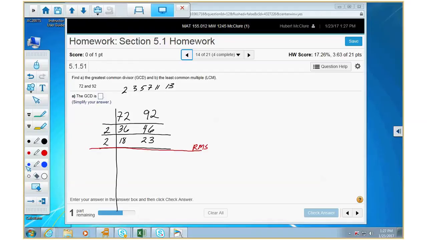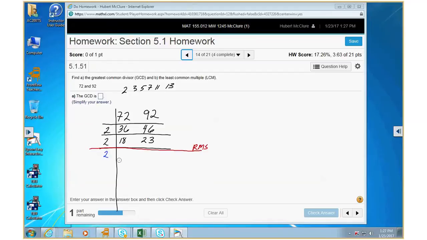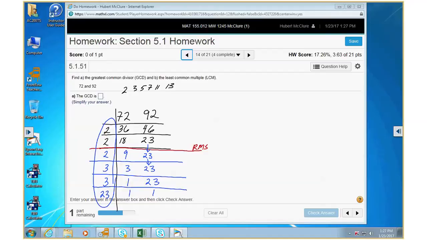So 2 gives you 9, 23, 3, 3, 23, 3, 1, 23. What is 23? Prime. And there is your least common multiple.